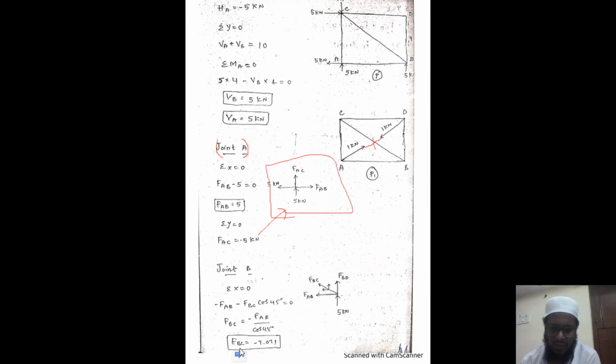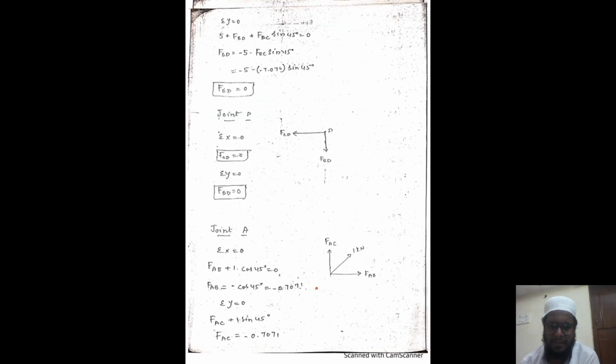Tan 45 is 1, so 4 by 4 is 1, so 45 degrees. So force in member BC is equal to minus 7.07. We got the force in member BC. Similarly, if you calculate sigma y is equal to 0, we get the force in member BD is equal to 0.